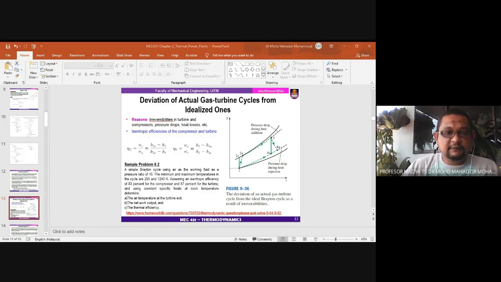Same as B, thermal efficiency. Thermal efficiency is net work over Q in. So Q in is T3 minus T2 prime. T2 prime is actual, so you put the actual value here also, and then you will get the actual efficiency value of that analysis for the Brayton cycle.